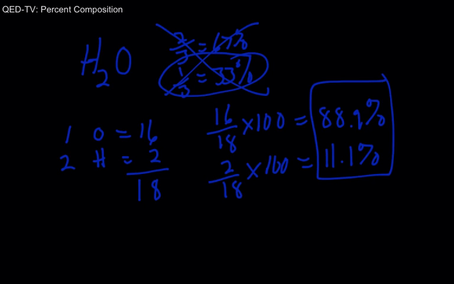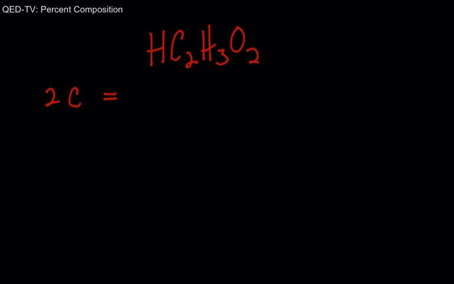Let's do another one. Let's find the percent composition of acetic acid. And the way we write acetic acid is HC2H3O2. Okay, so we'll figure out how many of everything we have. We have 2 carbon atoms. Each carbon is 12, so 2 times 12 would be 24.